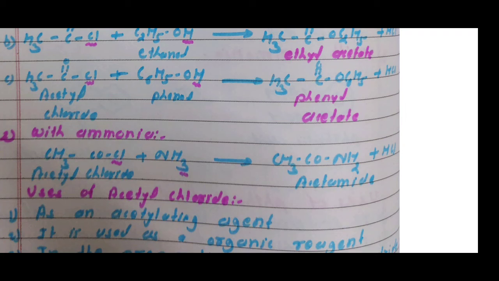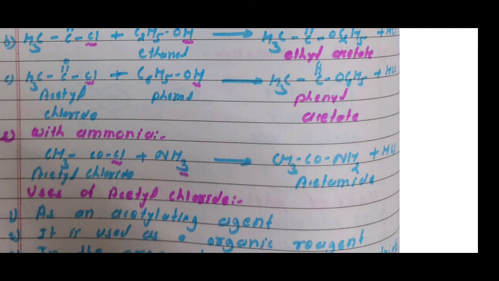Acetamide is also an acid derivative of carboxylic acid. Any acid reacting with ammonia forms its corresponding amide. Phthalic acid reacts with ammonia, formation of phthalimide. Similarly, acetic acid reacts with ammonia, formation of acetamide.